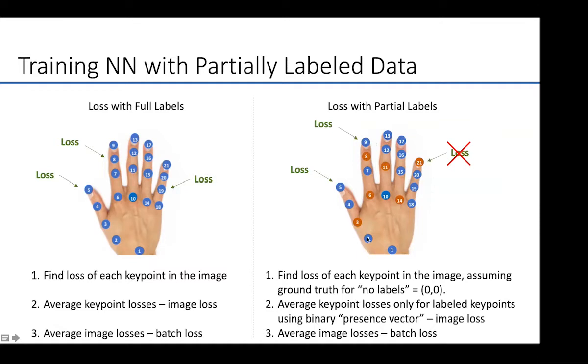After that, I have a ticket for which key points are present and which are absent. The ticket is either 1 or 0. So I zero out the losses of non-existing key points, and I calculate the mean only for those losses that are present in the dataset, for example only the 5 fingertips, and it will be the image loss.